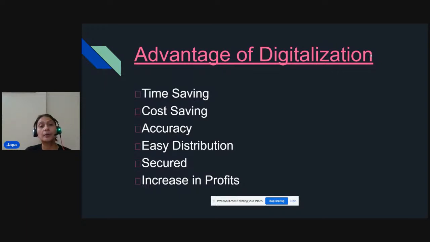How do we get it? By retaining the customers. So time saving, cost saving, accuracy, easy distribution, security, and increase in profit go hand in hand with a business running on an online platform, which is really important in today's market situation.